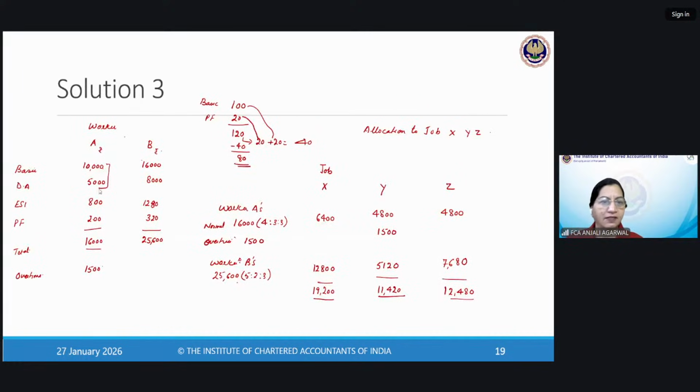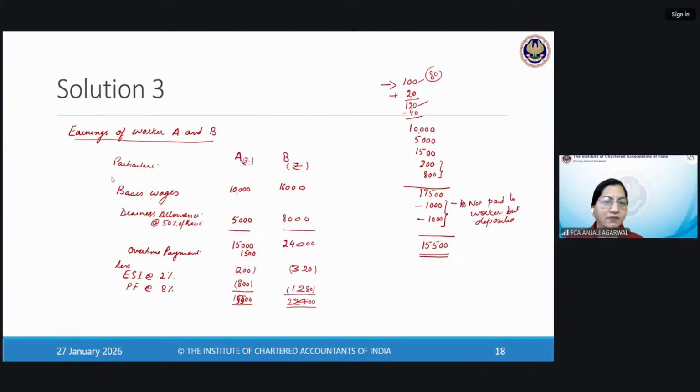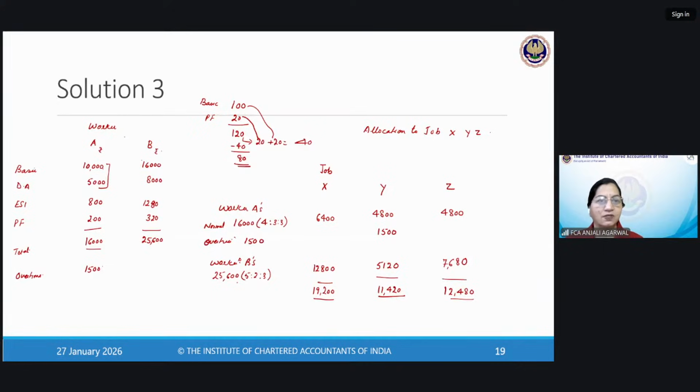So while calculating the cost, this 800 and 200 are added over and above 15,000 plus the overtime of 1,500. Whereas while calculating what he's taking away, this 200 and 800 is deducted because he will not get it in his hand. This is included in 10,000 and 5,000. All right. So this is how we have calculated the wages of the worker, and we have allocated it to the different jobs as well.